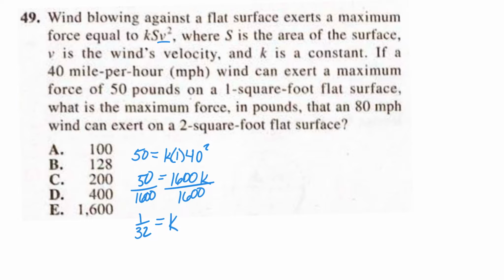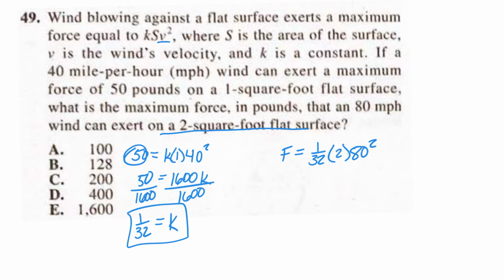So we're going to immediately take this 1 over 32 and create a second equation in which we are missing the maximum force. So we'll just call it F. We know the constant value is 1 over 32, and it says in this one that it has a surface area of 2 square feet, so that would be our value of S. And then it tells us it's an 80 mile per hour wind, so it's going to be 80 squared.